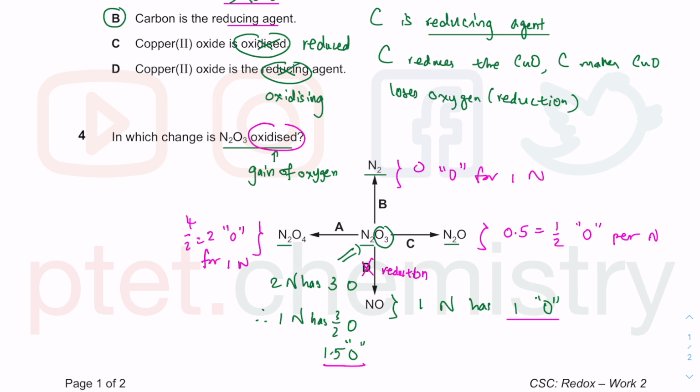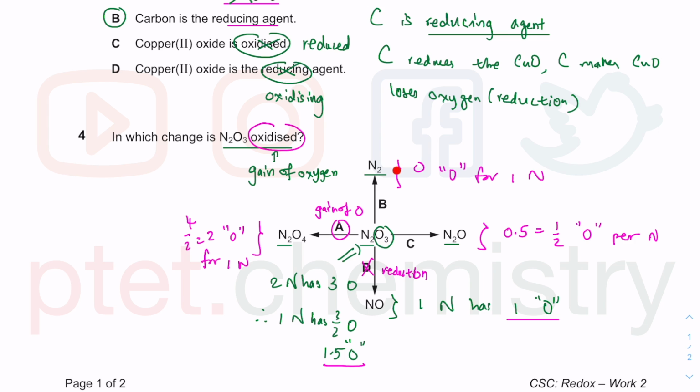Well, you got 1.5 oxygen, and then you go to 2 oxygen, there is an increase in oxygen, so here this is a gain of oxygen. Or you could think about it, this is N2 and N2, you go from 3 oxygen for N2 to 4 oxygen for N2. This is definitely your oxidation there.